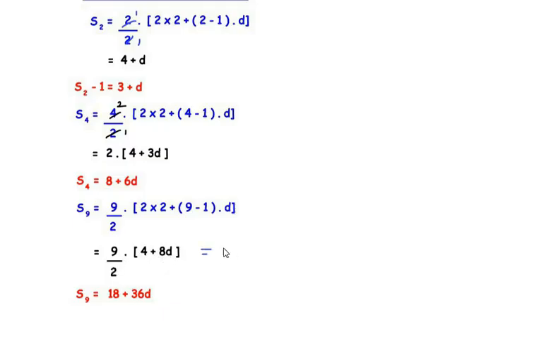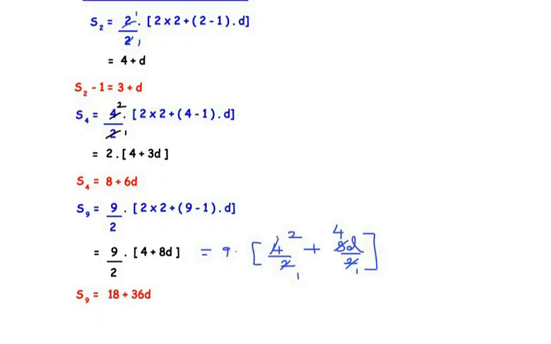So here we can write 9 times, inside the bracket, 4 over 2 plus 8d over 2. So 2 divides 4, that is 2 1 times is 2 and 2 2 times is 4. And here 2 divides 8, that is 2 1 times is 2 and 2 4 times is 8. Now expanding this bracket, we get S9 is equal to 9 times 2 is 18 plus 9 times 4d is 36d.